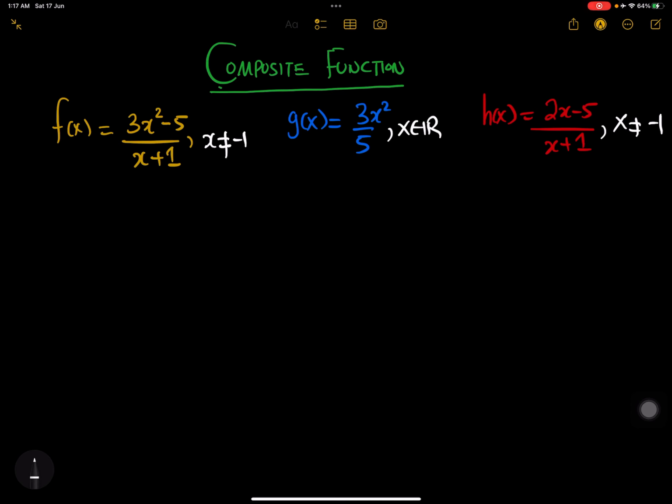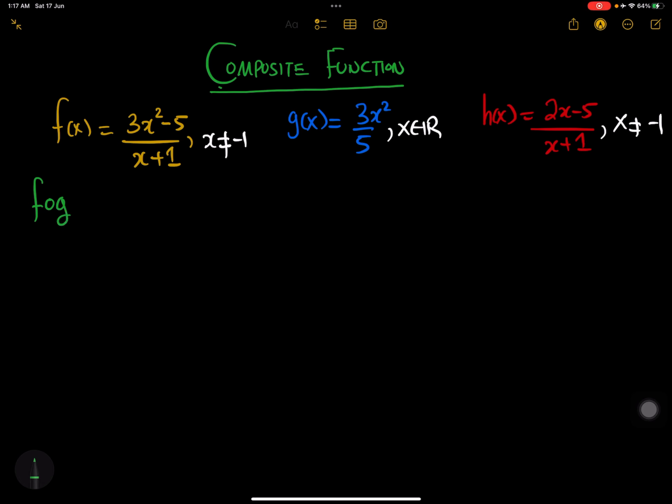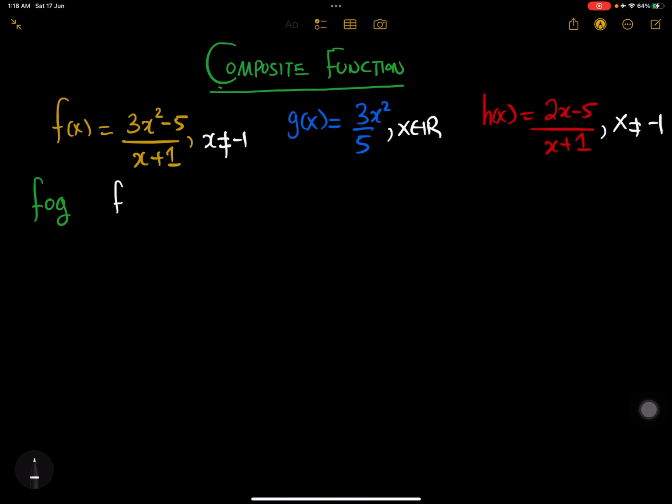We have f of x, g of x, and h of x. Now a composite function can be given as this. Let's say f of g. The function f follows g, so it is pronounced f of g.